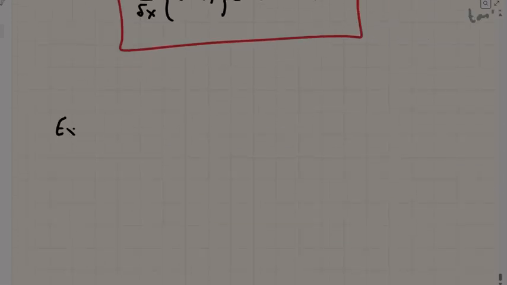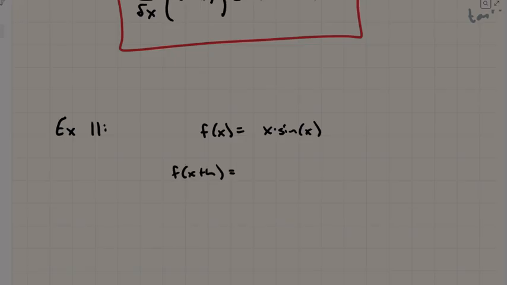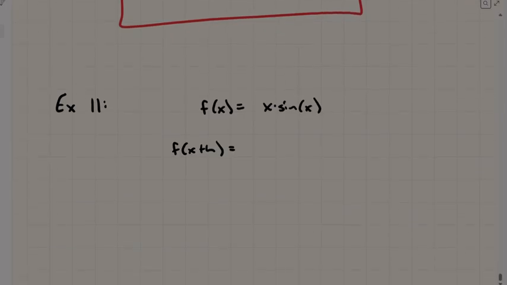Okay. Example 11. Let's use this limit method to find the derivative of x times the sine of x. Just like last time, we want to know what's our f of x, what's our f of x plus h. For this one, just substituting in x plus h, we get x plus h times the sine of x plus h.